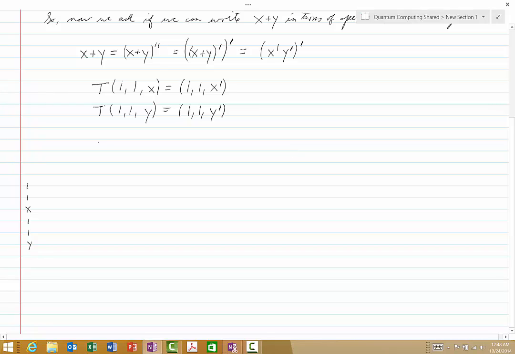If we now take the X prime that we have from the first calculation and the Y prime from the second calculation, and have our third bit as 0, then we will get X prime, Y prime, and X prime Y prime.